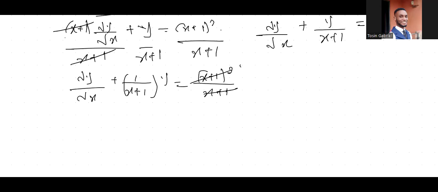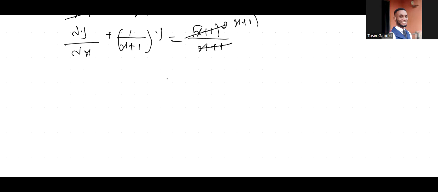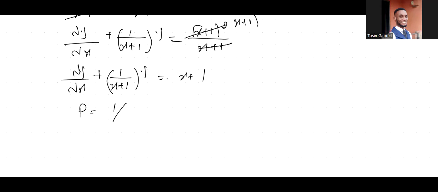So from here now, we get that dy/dx plus 1 over x plus 1 multiplied by y is equal to x plus 1. Therefore, P will be equal to 1 over x plus 1 and Q will be equal to x plus 1.